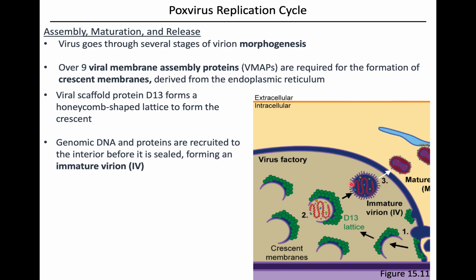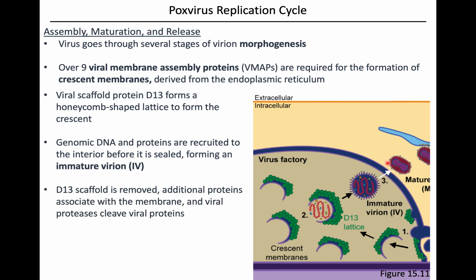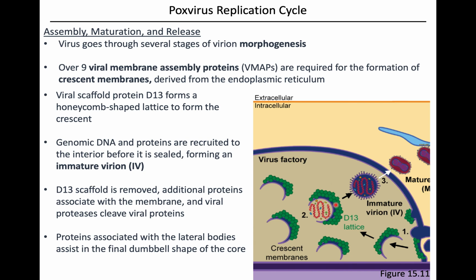Okay. So we already have this essentially membrane-enclosed mix of proteins and our viral DNA. That's going to bud out of the viral factory, picking up a membrane there. The scaffolding protein was obviously removed. Forgot to mention that.